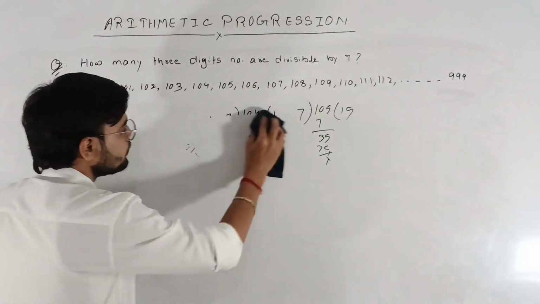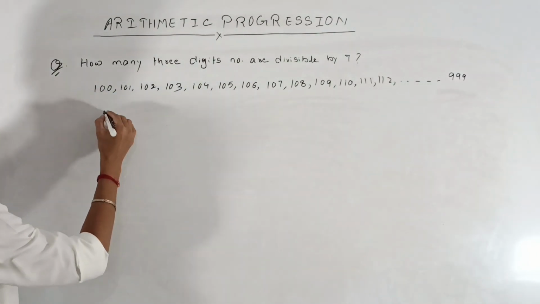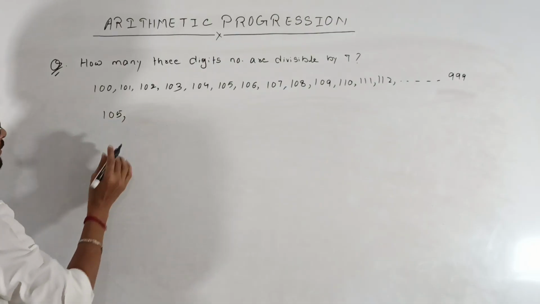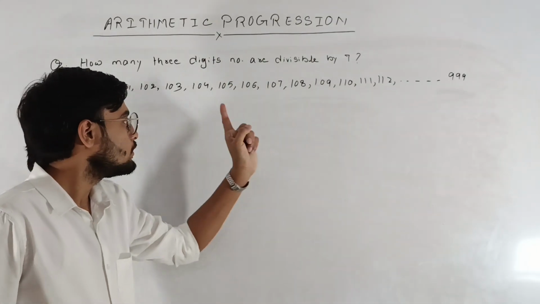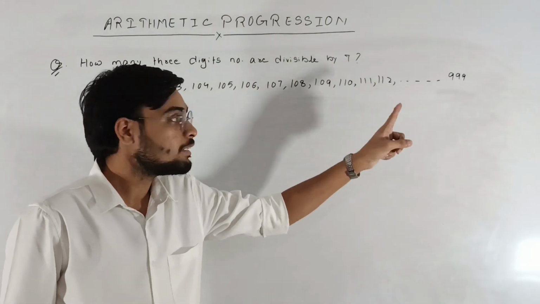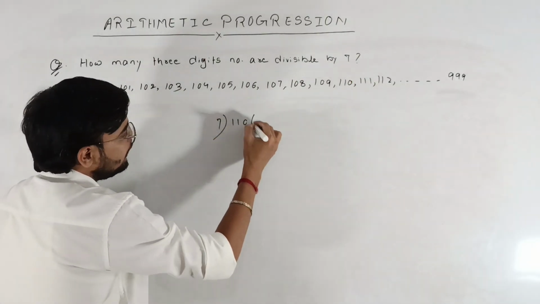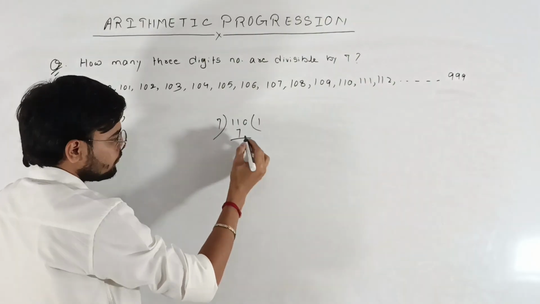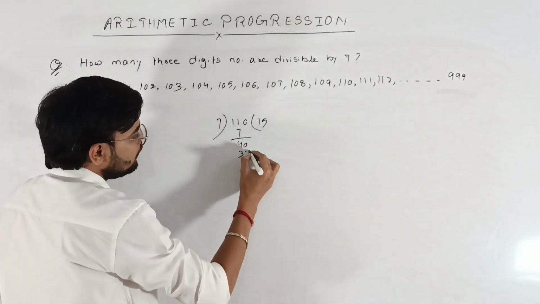So I write the first number 105, which is divisible by 7. Now after 105, which number is divisible by 7? It is 112. Let's check it. Suppose we check 110: 7 1 7, 40, 7 5 35.